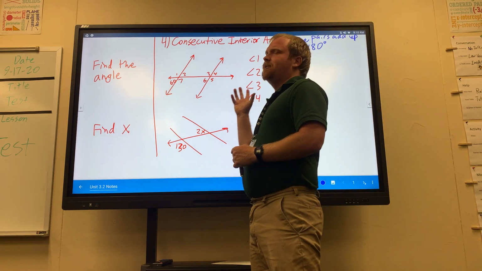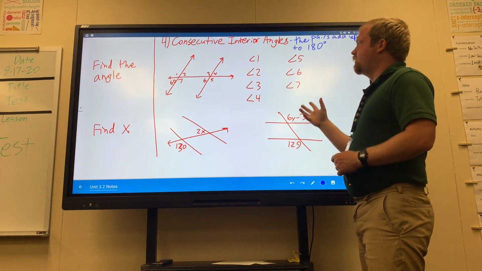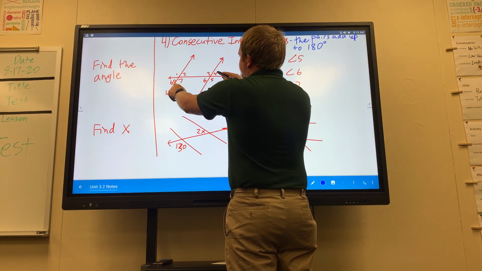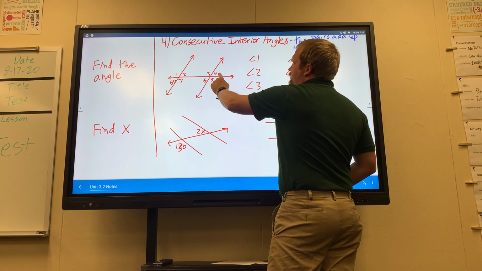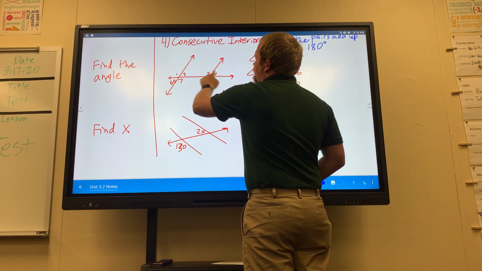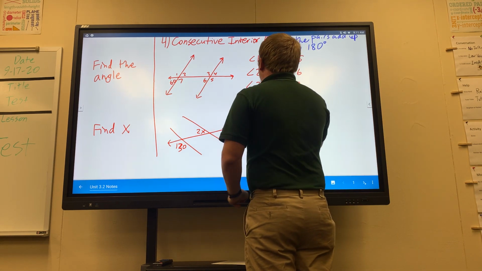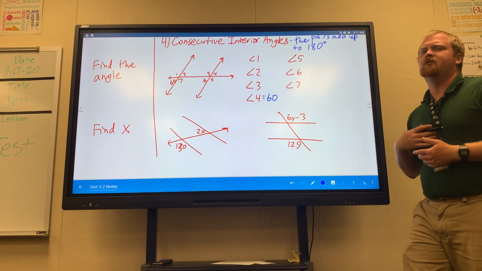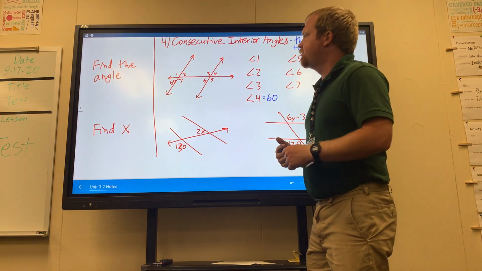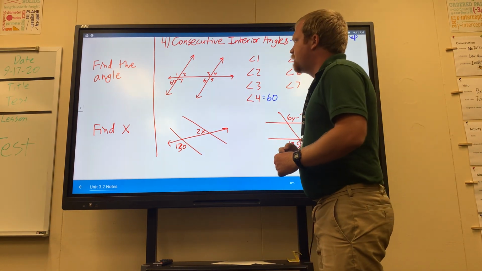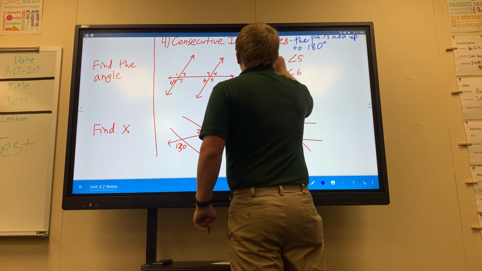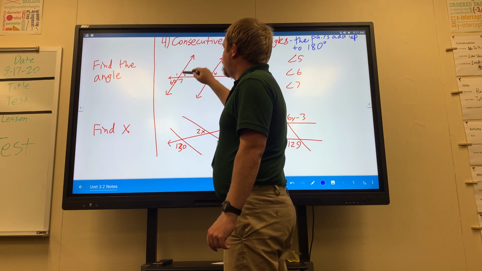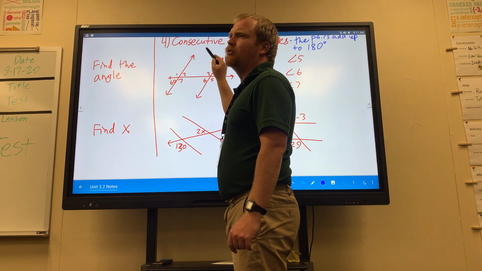So now, I want to be able to figure out what each of these angles are, okay? So if I know that these two angles right here, where it's 60 degrees and angle 4, if these are alternate exterior angles, I know that angle 4 is going to be 60 degrees. Now, how do I identify angle 1? Well, remember, this line and this line right here, they basically form a linear pair.